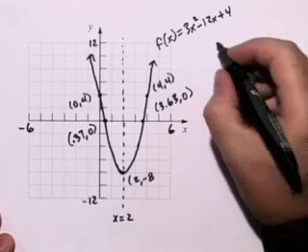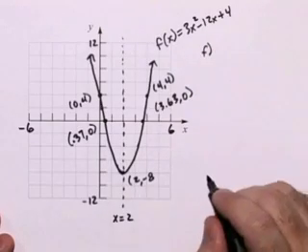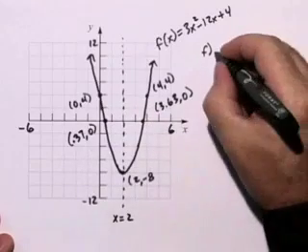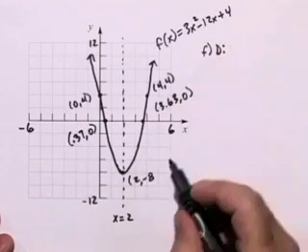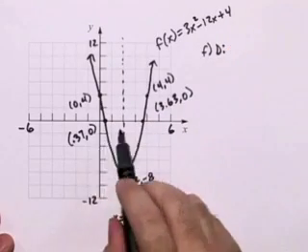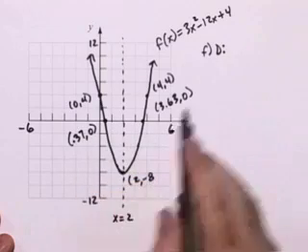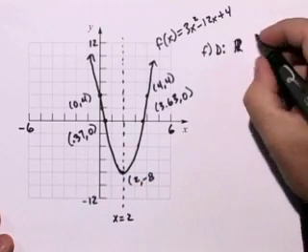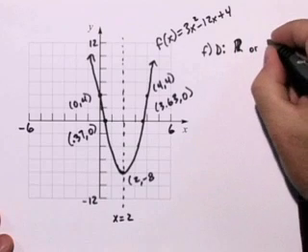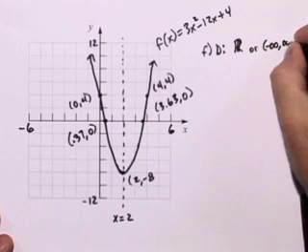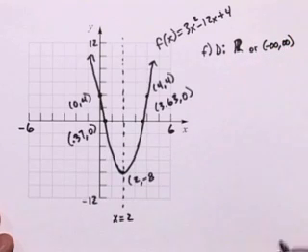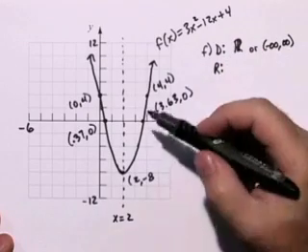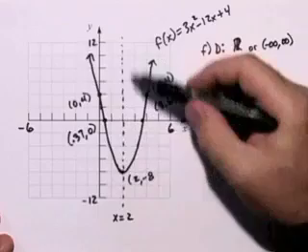In part F, we are asked to determine the domain and range of the quadratic function from this graph. The domain is the set of all values for the input variable, in this case x. You can see from our graph that the domain will be the set of all real numbers, which in interval notation we would write as -∞ to +∞. The range is the set of all values for the dependent variable, which is y in this case.